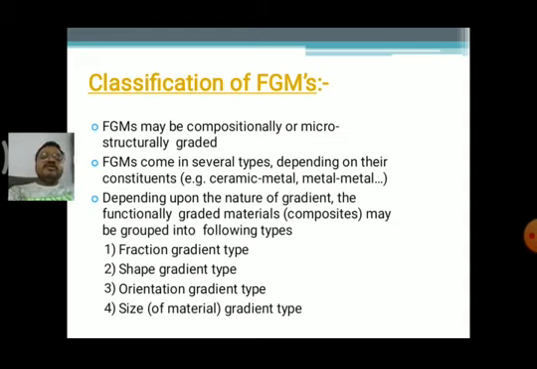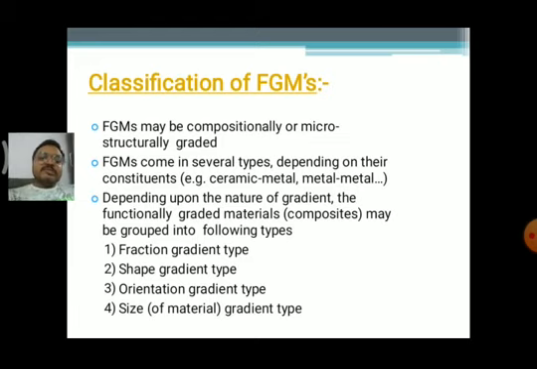Next, coming to the third classification, FGMs are divided on the types or nature of gradients. Based on the nature of gradients, we have divided the materials into four types. The first is the fraction gradient type, the second is the shape gradient, the third is the orientation gradient type, and the last is the material gradient or size gradient.